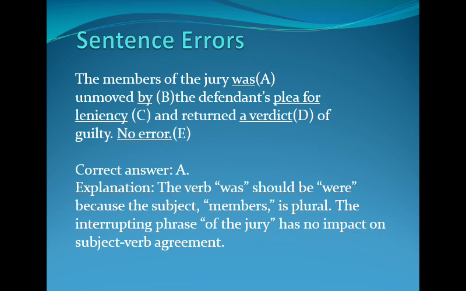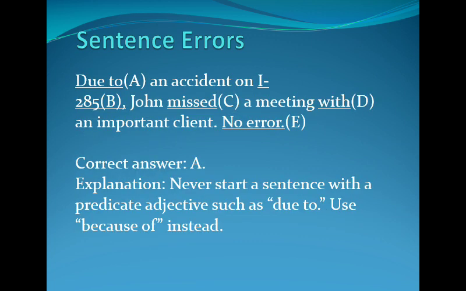In this particular sentence, the subject as such, you might think is the jury, but the actual subject is members and the verb is was. Now the problem is, if you are using members as the subject, which is plural, you need to use were, W-E-R-E, since it's a plural subject. So that is the error in the sentence. Let's have a look at one more question.